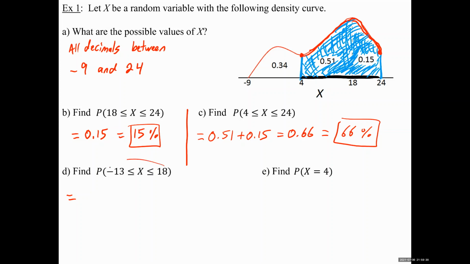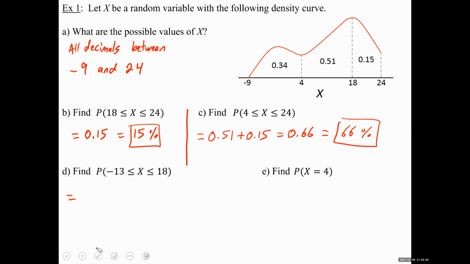Again, that's how you write between. Probability that the number I get when I draw one is between -13 and 18. So here's how you can do this. Let's erase this part here. Well, you see there's already a problem. You're supposed to locate the number -13 on the number line. It's not labeled there.